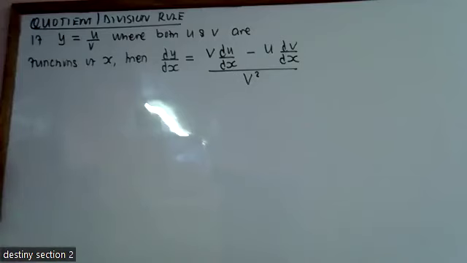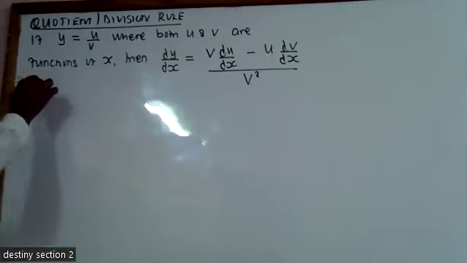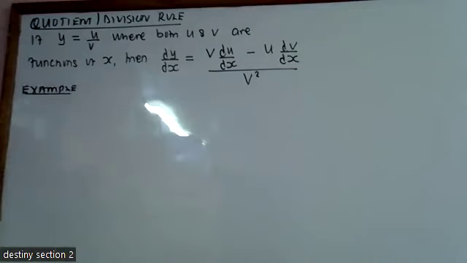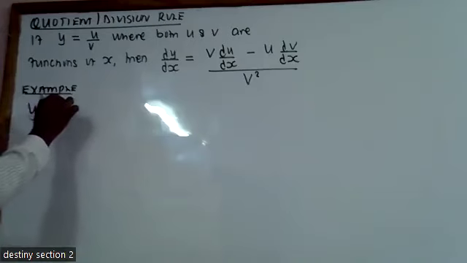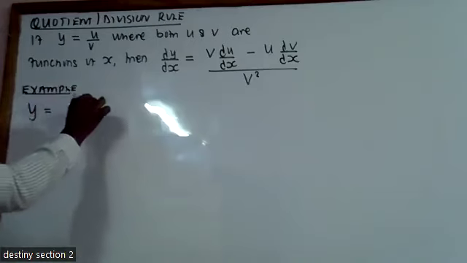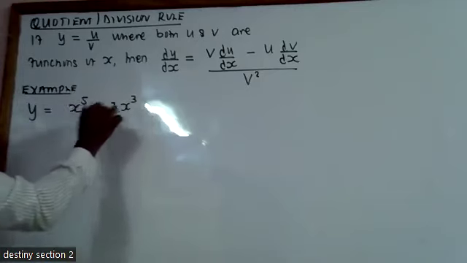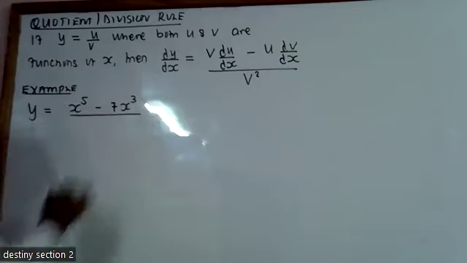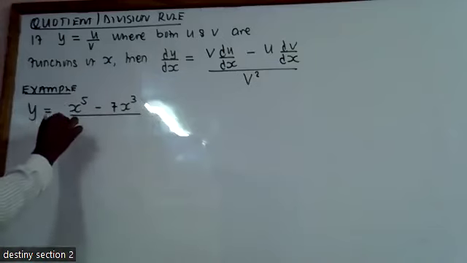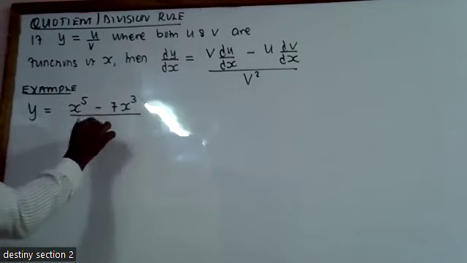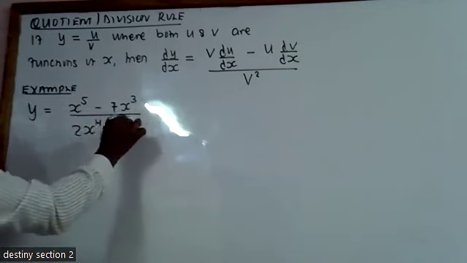Now in this one, you have been given an example which is y is equals to x raised power 5 minus 7x cubed, you divide by 2x raised power 4 plus 16x.